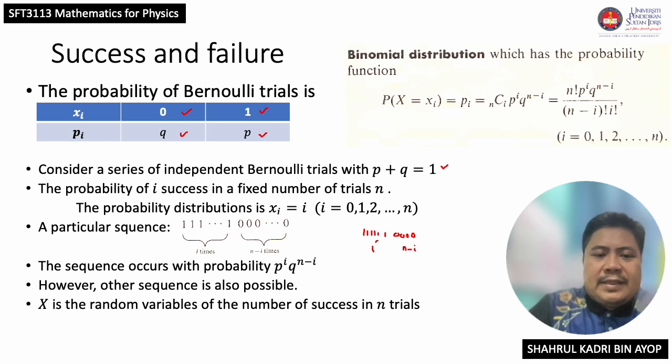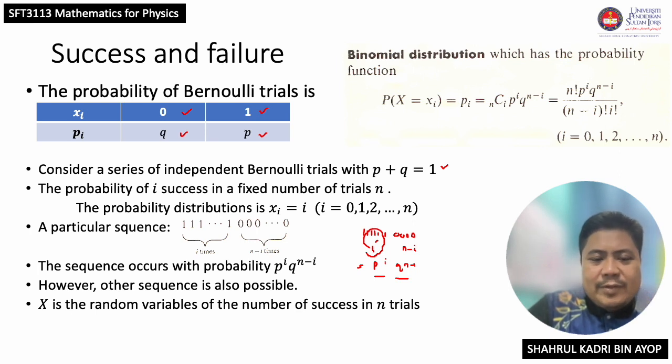So the probability of getting the success is P to the power of i, and the probability of getting the failure is Q to the power of n minus i. So this sequence 1 1 1 1 0 0 0 has a probability equal to the multiplication of the probability of success to the power of i and the probability of failure to the power of n minus i.